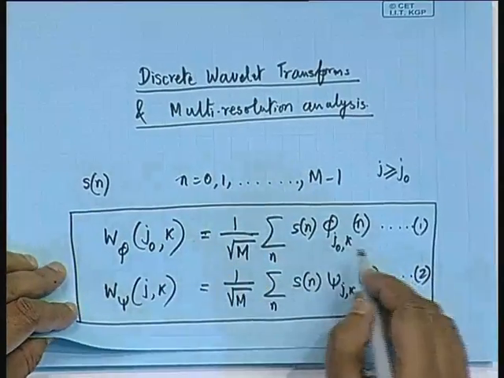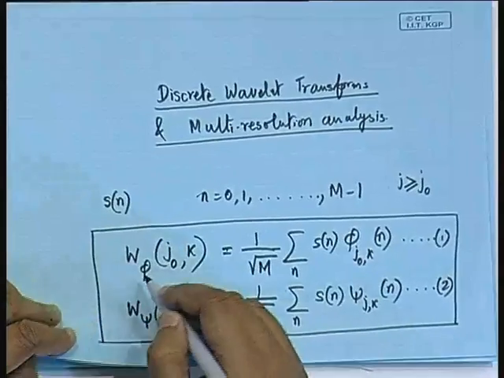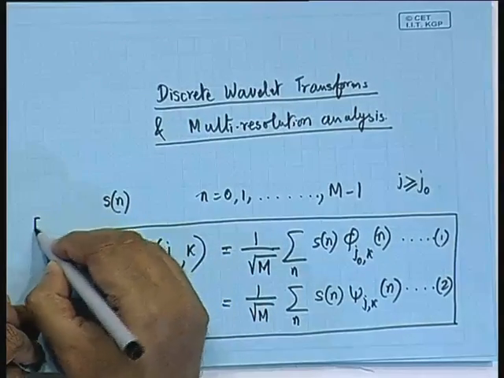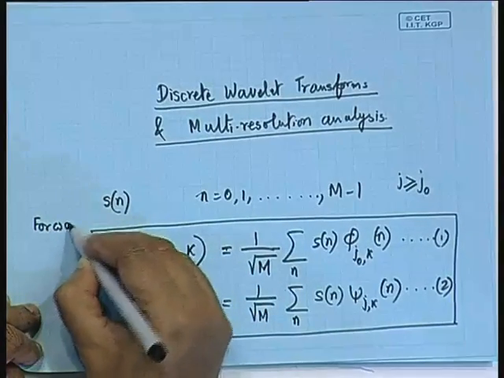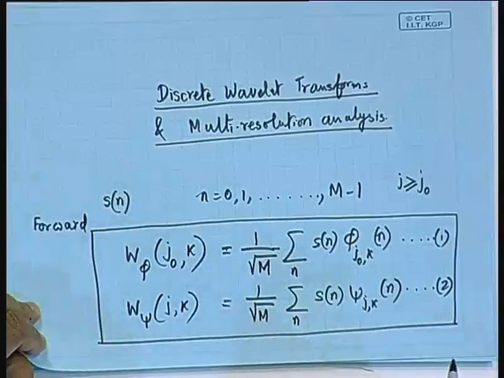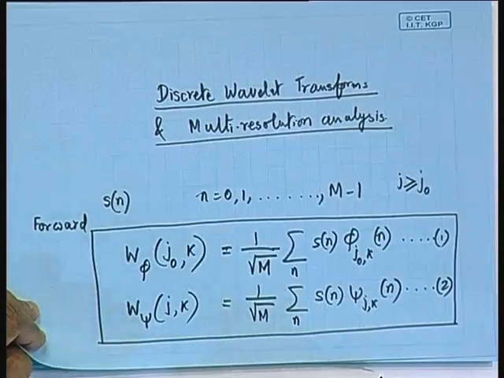So, this one is our forward transformation, or we can say this as forward wavelet transformation. We will not call it wavelet transformation, we will specifically call it forward discrete wavelet transformation, because the signal itself is discrete.